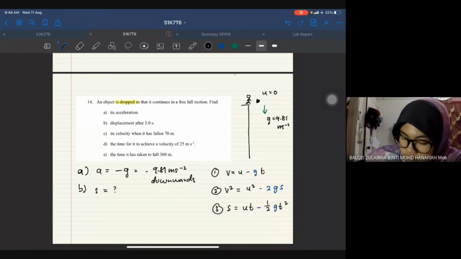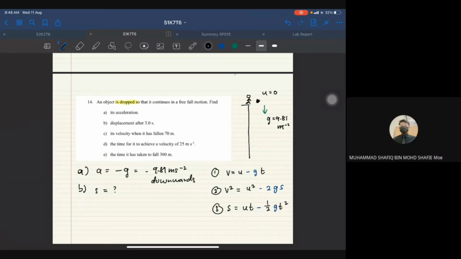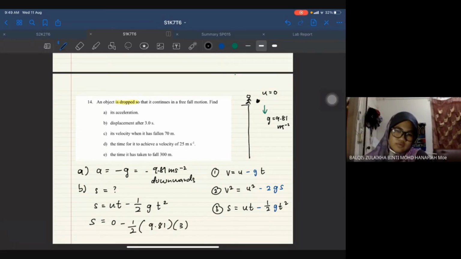Question B, displacement after 3 seconds. Which equation do you want to use? The third equation. So s equals ut minus half g t squared. u is 0, so the whole term becomes 0 minus half g, with g being 9.81. Do we need to substitute negative? No, because it is already in the equation.